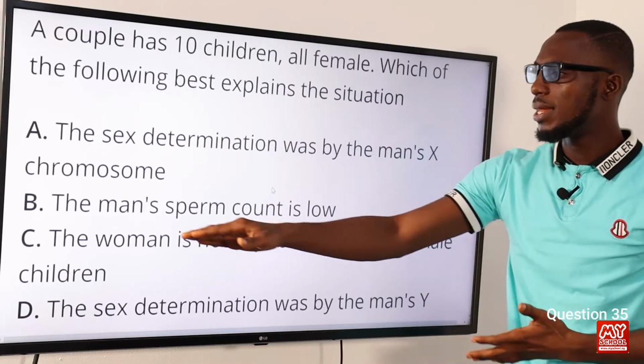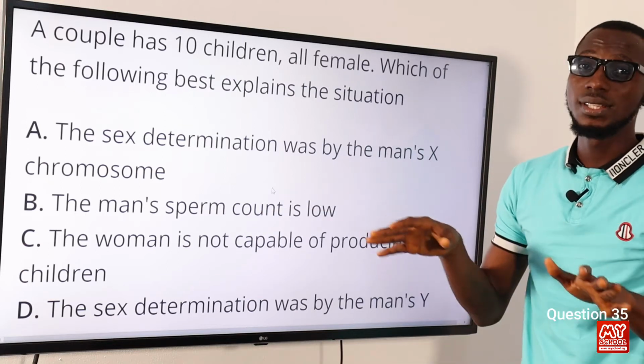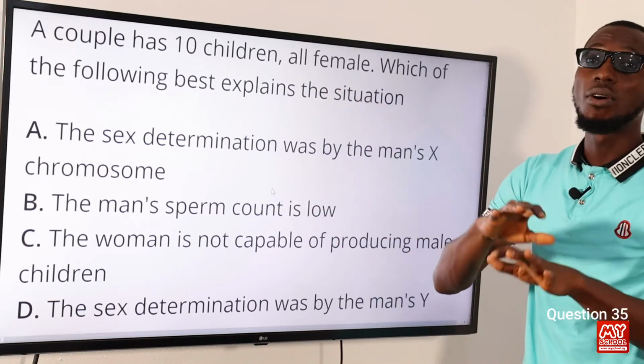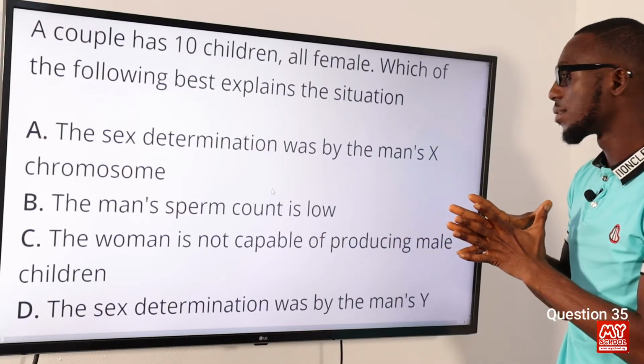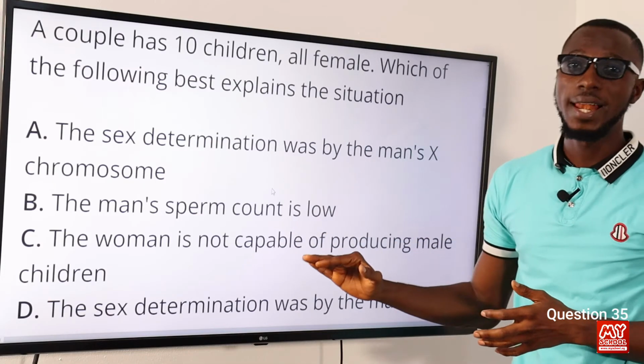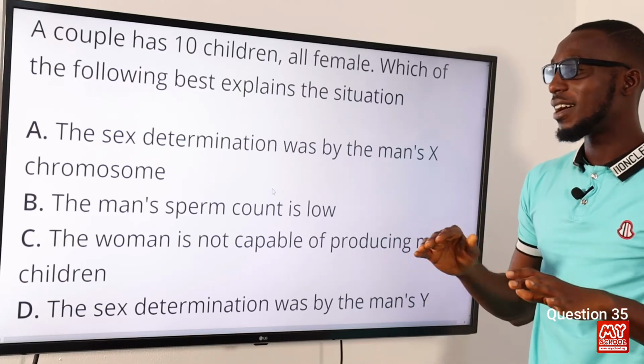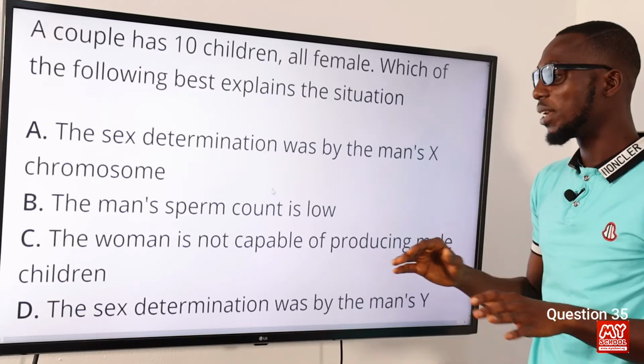Let's look at another thing. The man's sperm count is low. No, this doesn't have to do with having all female children. We have C. The woman is not capable of producing male children. This is a fallacy, and it has been very harmful and it should be taken away.